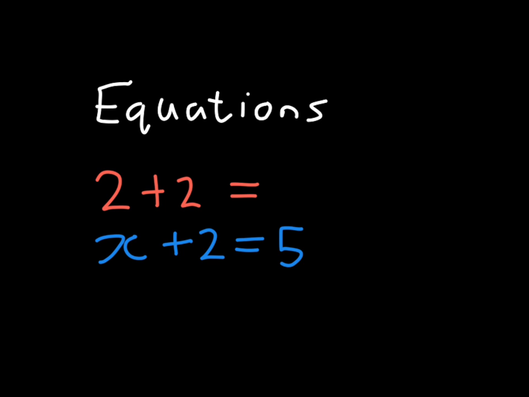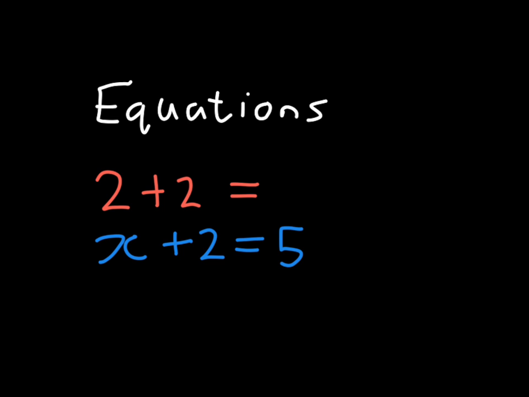With equations, we no longer have a missing something over here. Instead, the something that we need to figure out is part of the sum. So for this equation, we would need to figure out what x is. And to do that, we would need to get rid of this 2.